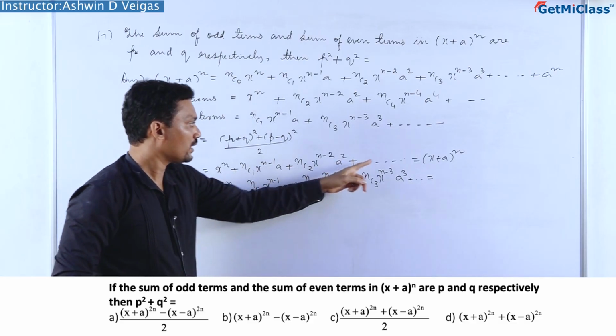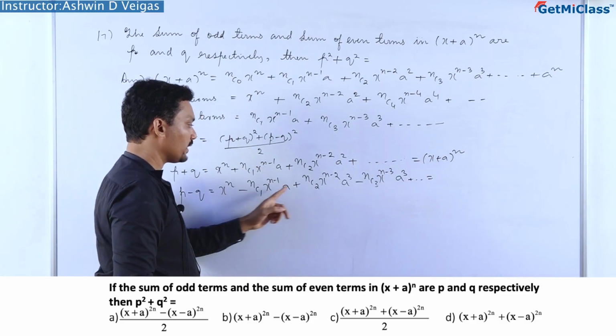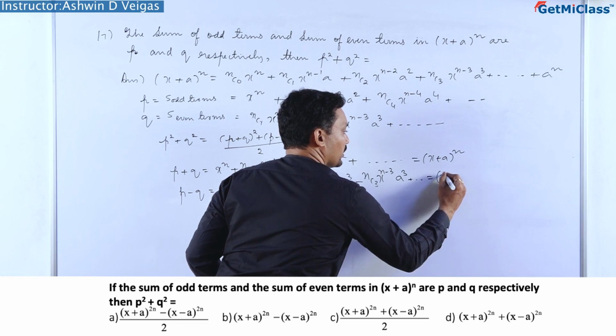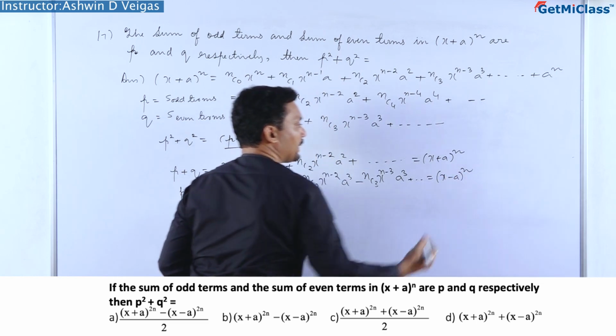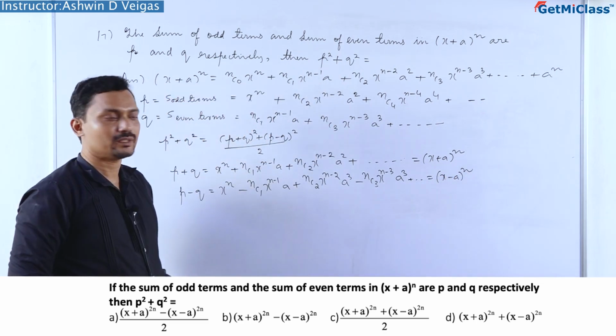So, if this is called (x + a)^n, alternating positive and negative should be called (x − a)^n, according to the rule of binomial theorem.